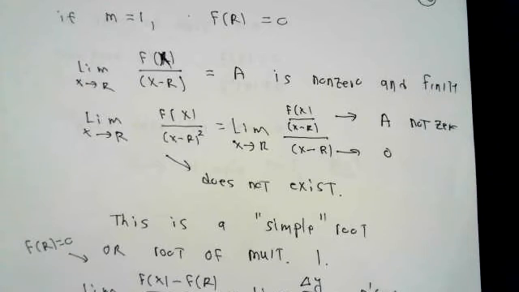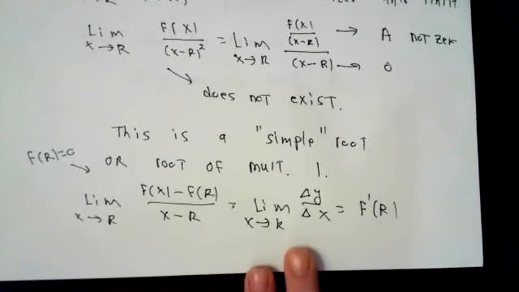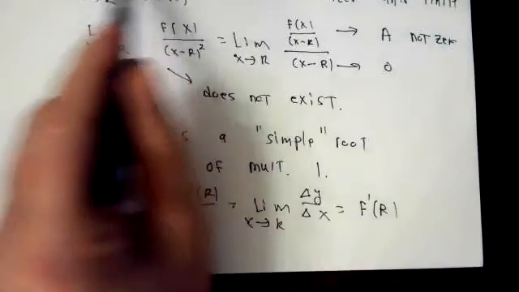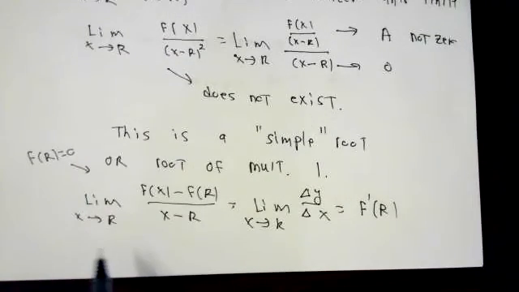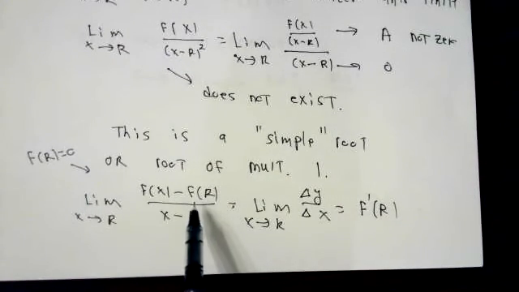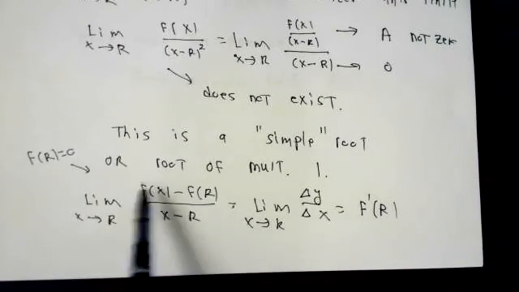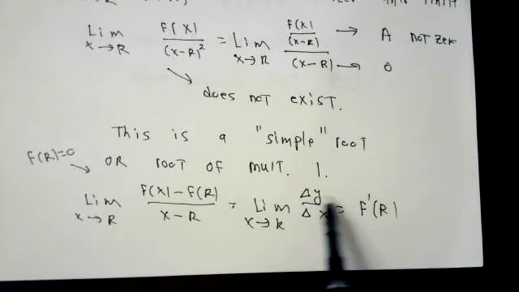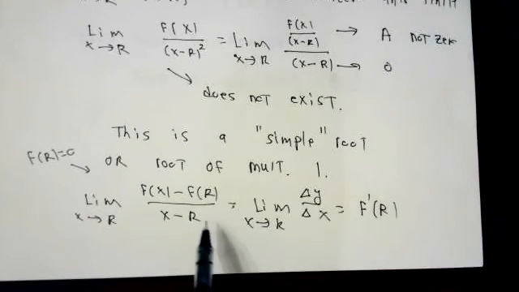A root of multiplicity 1 is a simple root, and the interpretation we're going to have for that is, since f of r equals 0, this limit is the same as the limit as x goes to r of f of x minus f of r, since this is 0, divided by x minus r. This is the change in the y-coordinate on the graph of f.